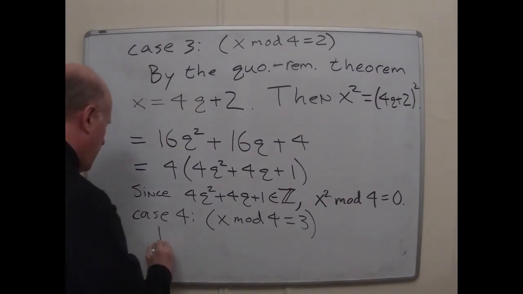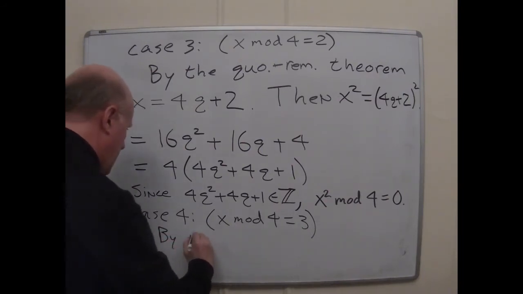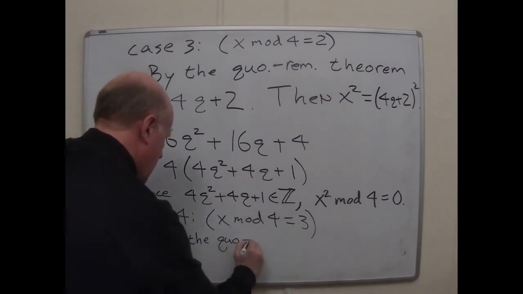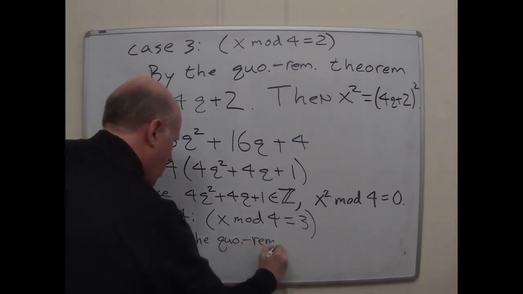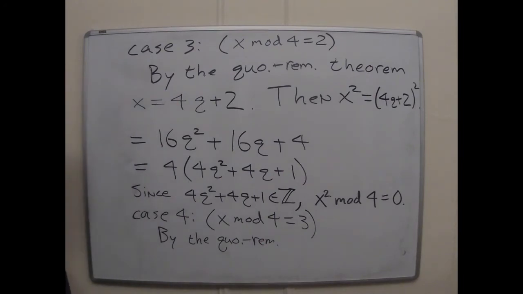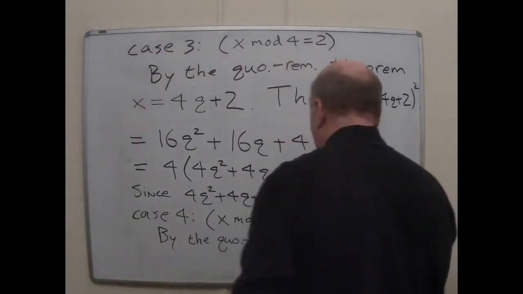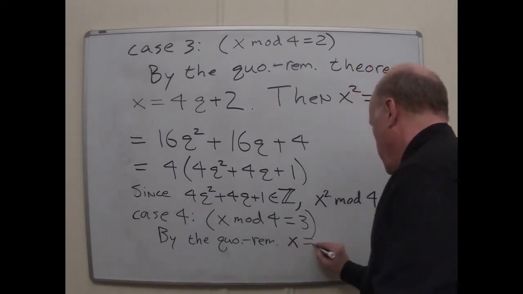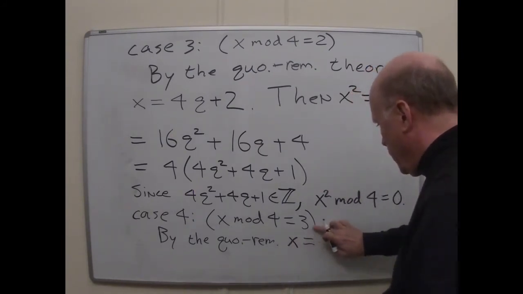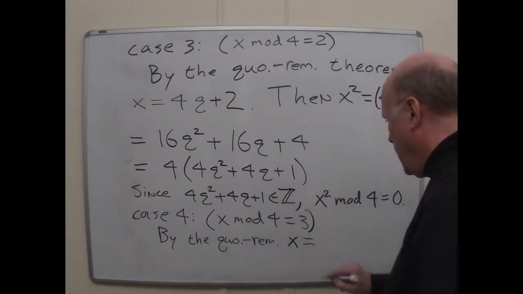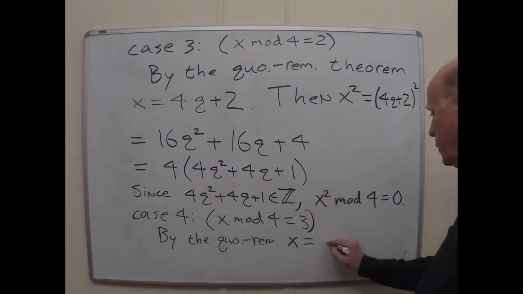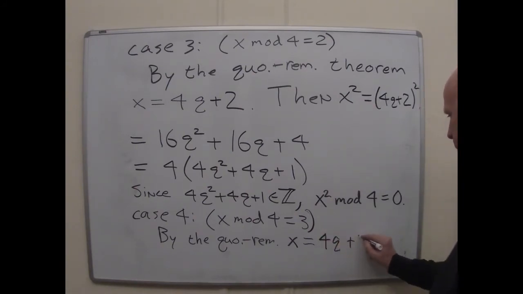Okay, so again, by the quotient remainder theorem, we get to say something about what shape x has. x is equal to a multiple of 4 plus 2, right?